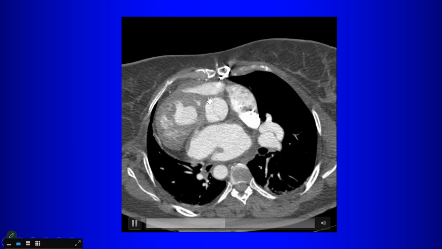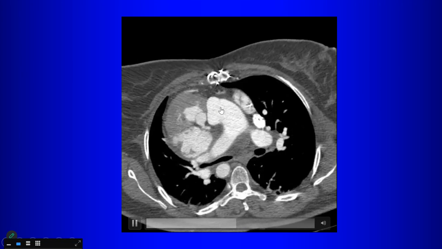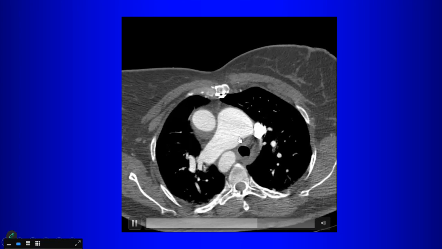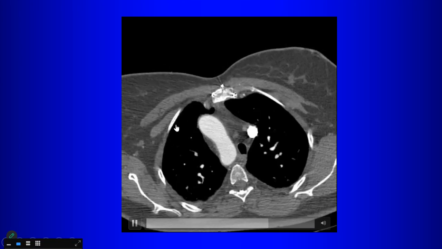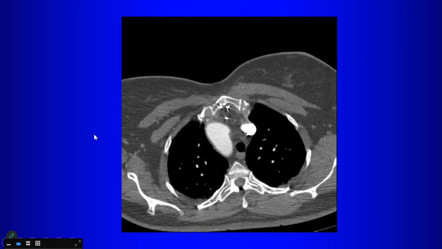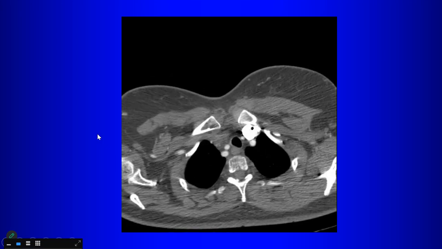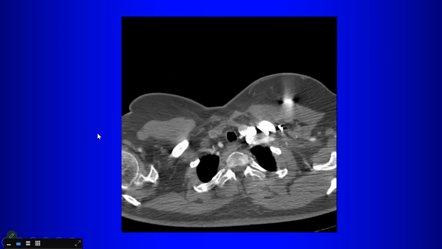What is that connected to? Pulmonary artery. Okay. The posterior ventricle, which we said was a morphologic right ventricle, let's see if we can see what that's connected to.